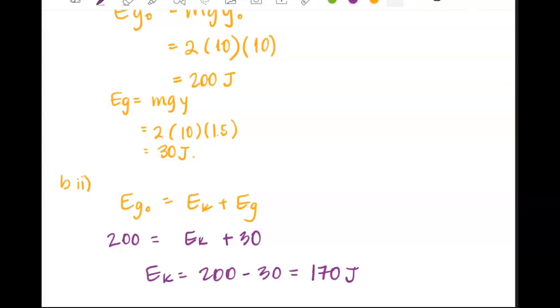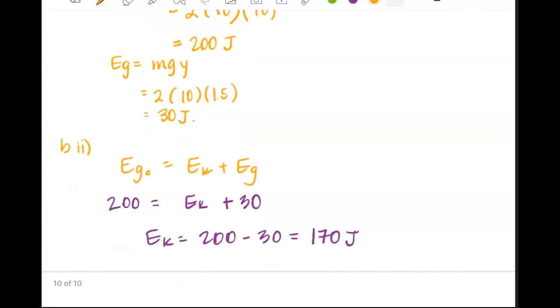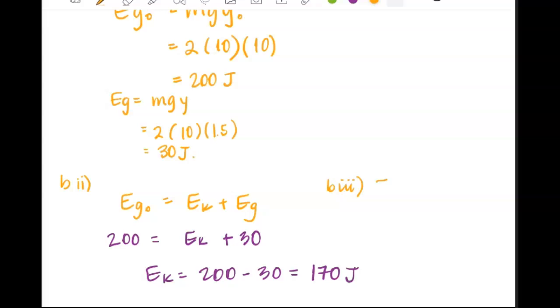And then the next piece was just to find the speed of the book right before it's caught. So I'm going to do a B-III over here. If the kinetic energy is 1/2 mv squared, then 170 would equal 1/2 of 2 times v squared. Remember the mass was 2 kilograms.